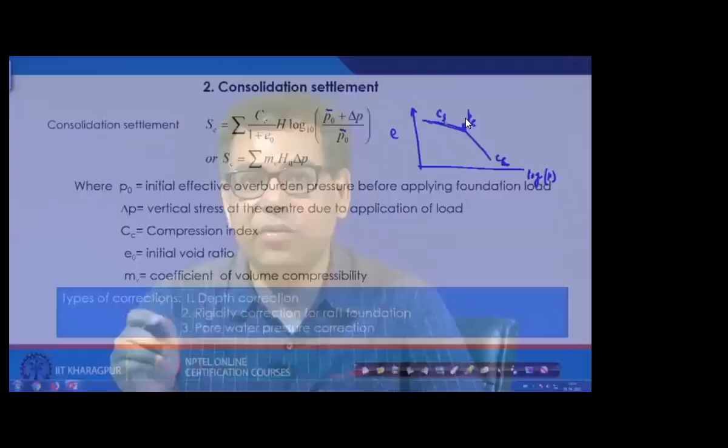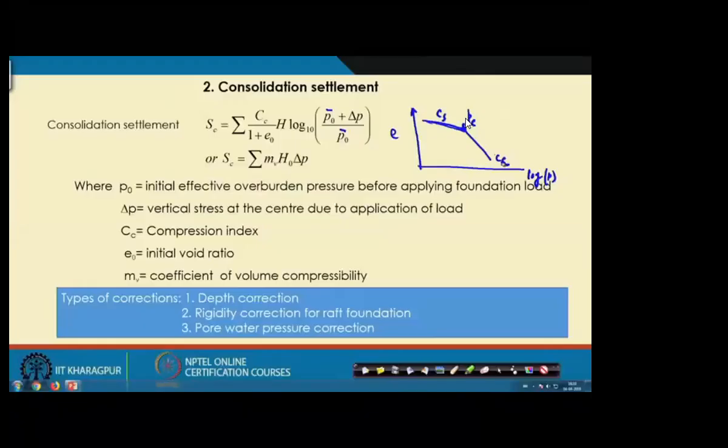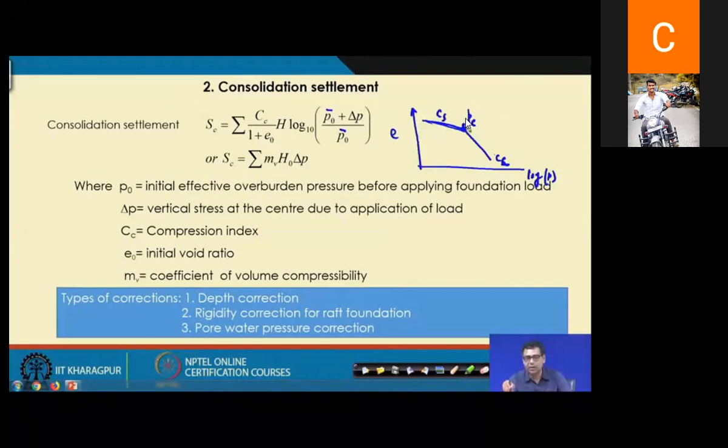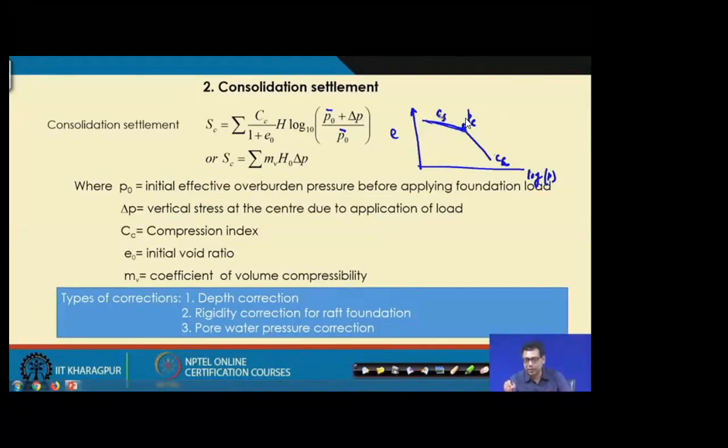You can go through that lecture and see where you have to use Cs and where you have to use Cc. Cc is for normally consolidated soil and Cs for over consolidated soil. If your delta P plus P0 range is here, less than Pc, then you have to use Cs.